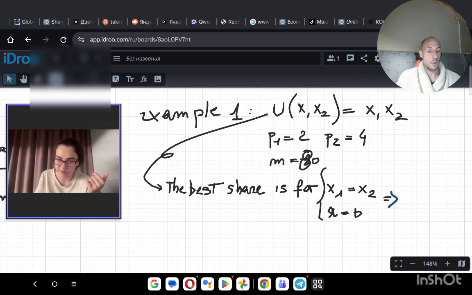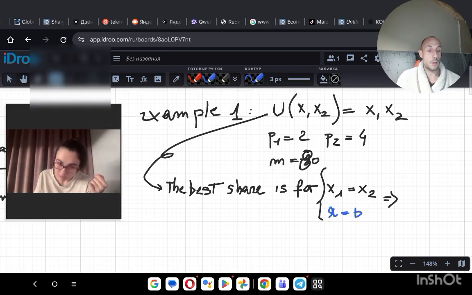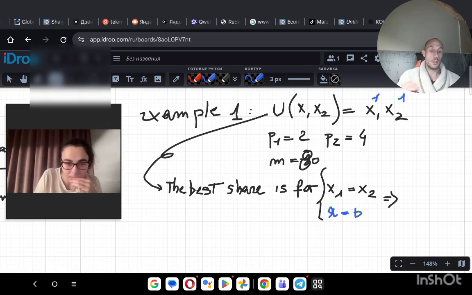No. Here these are A and B, so there are two units there. So it is x to the first power times y to the first power.